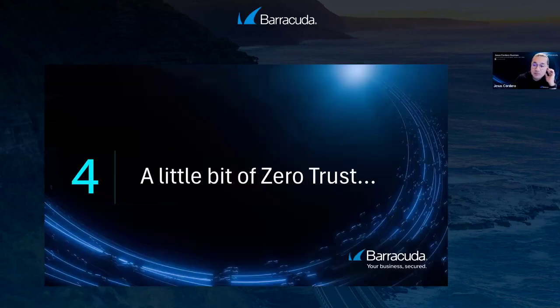Let's keep moving. This is another kind of approach. People say, well, we don't have the money, we don't have the staff, and we don't have the possibilities. Let's do a little bit of zero trust. Maybe we're going to change a few of those things, and then we are on the secure side of the business. It's naive to think like that.